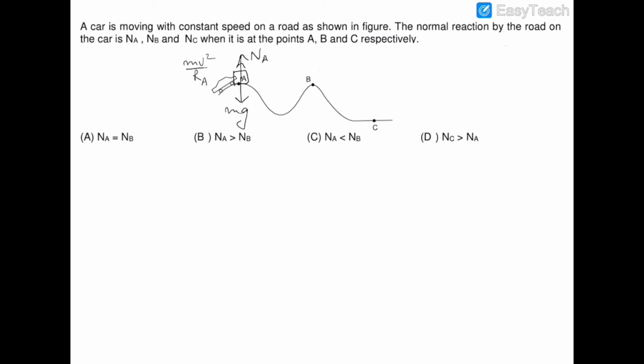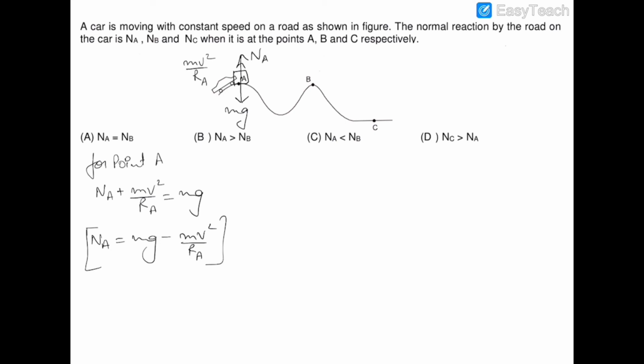So for point A, I can say that NA plus mv square by RA will be equal to mg, and therefore NA will be equal to mg minus mv square by RA.